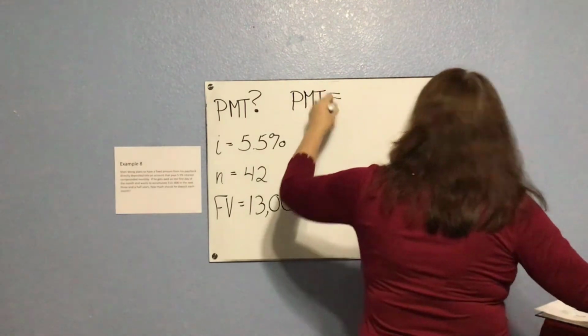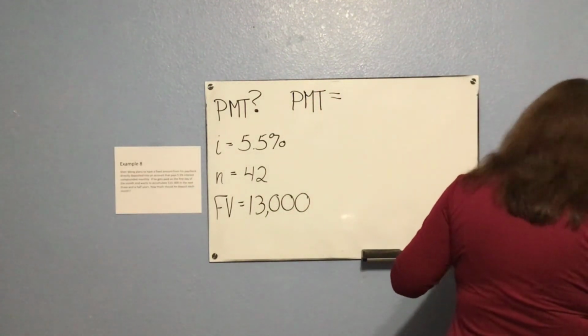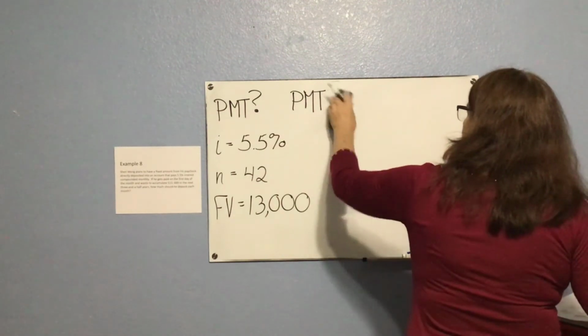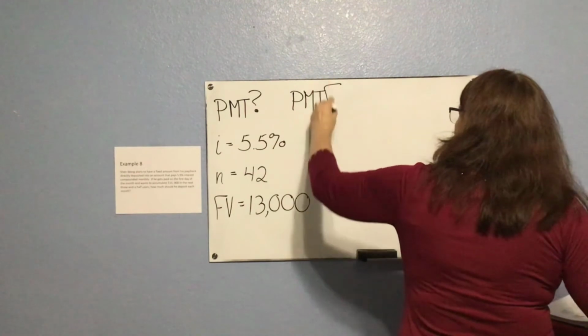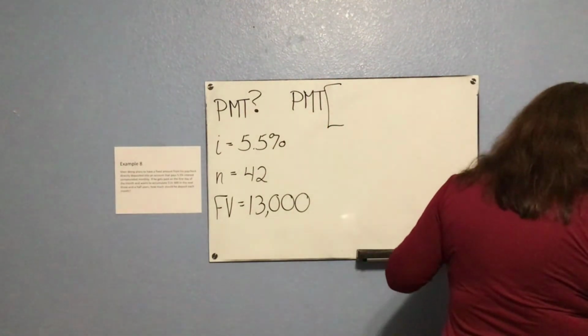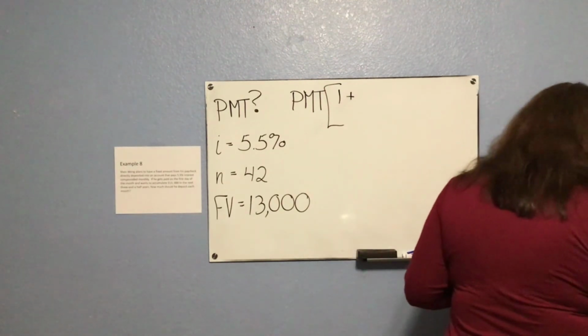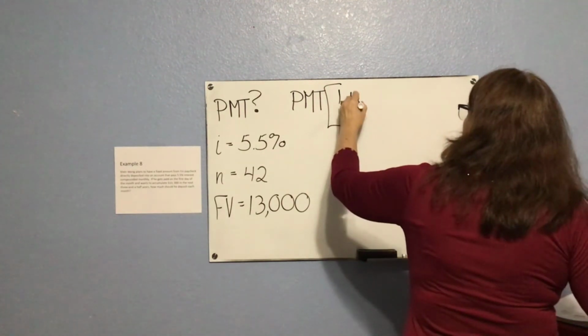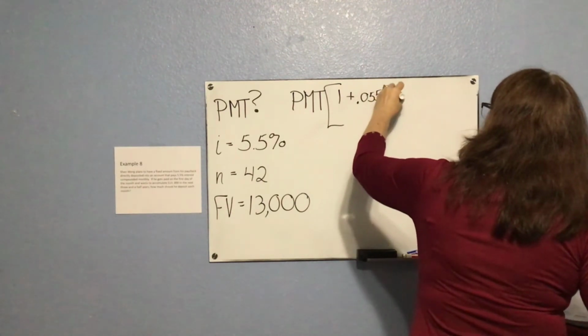We're going to just start with payment times 1 plus, our interest rate is 0.055 over 12.